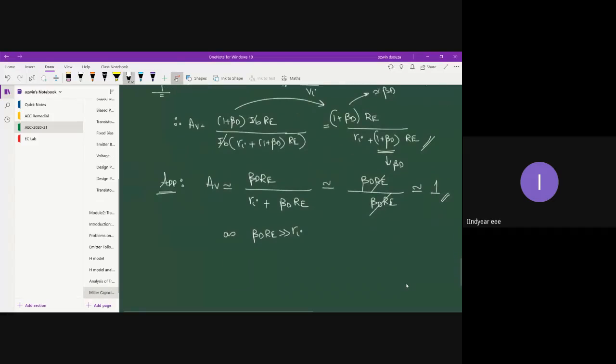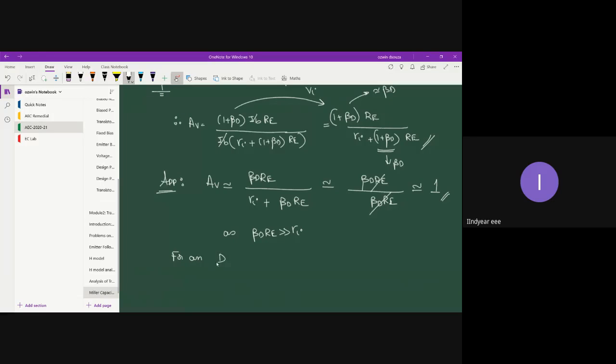That means to say, for a Darlington emitter follower circuit, output is equal to input, and the phase shift between V naught and Vi is equal to 0 degree.